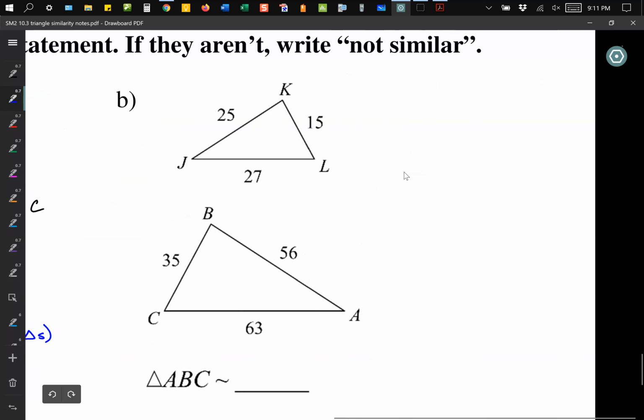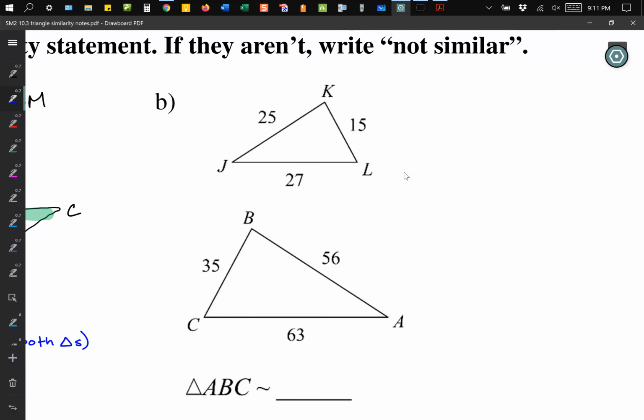Let's look at another one. So the first thing that jumps out at me is none of the angles are labeled. So because I don't have any information about how big any of the angles are, I don't know whether J and any of these are the same. I don't know any information about how big J, K, L, A, B, or C are.